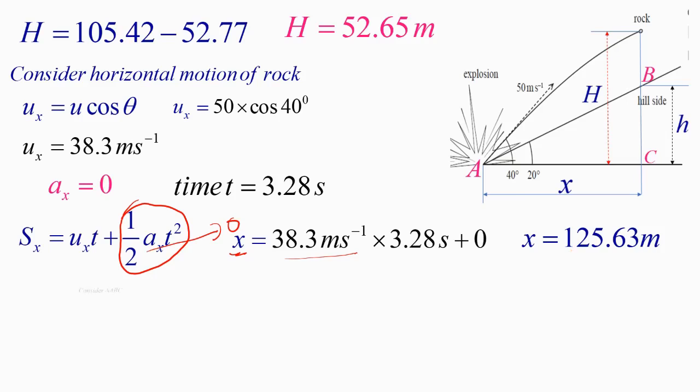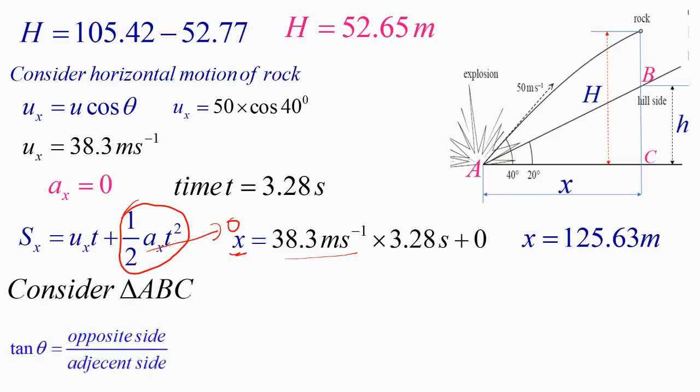Now we are going to consider the triangle ABC and apply the geometry. We know that tan theta is equal to opposite side divided by adjacent side. What about the opposite side of triangle ABC with respect to the angle 20 degree? It is h, and the adjacent side is x. So taking the tangent of 20 degree, tan 20 is equal to opposite side h divided by adjacent side x.